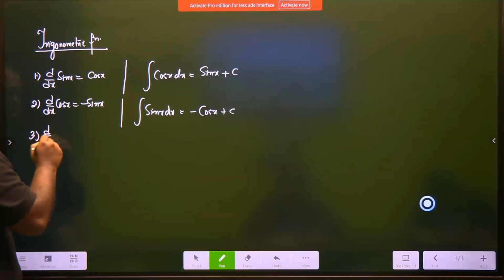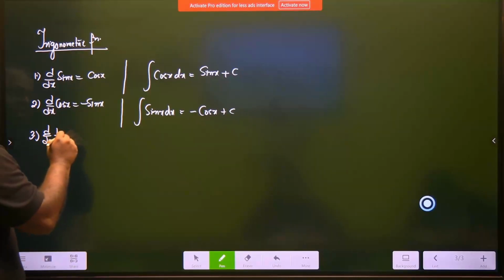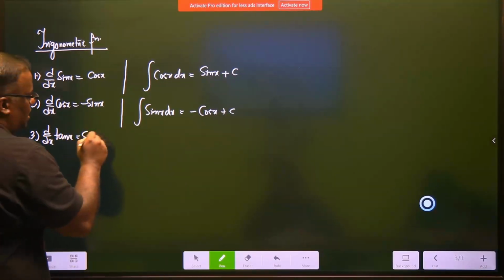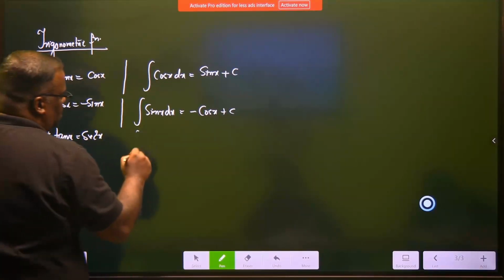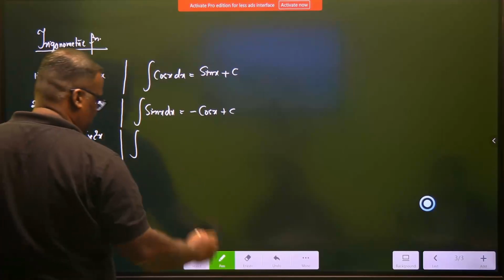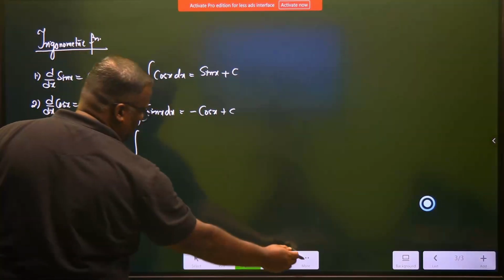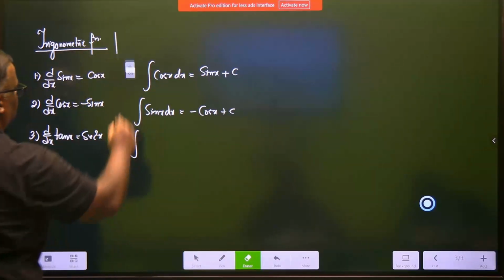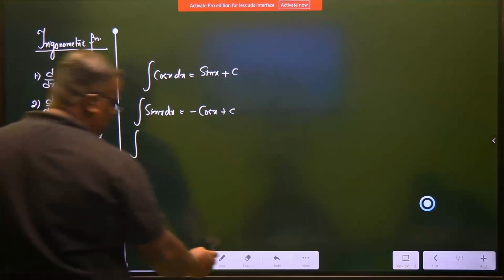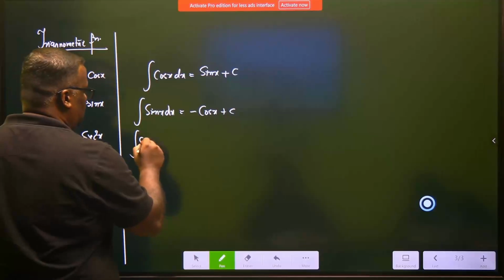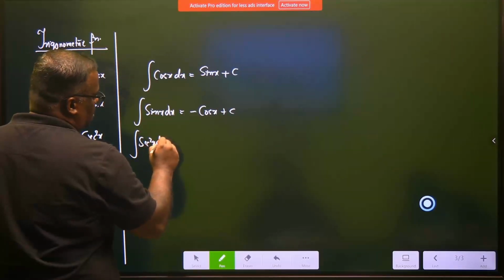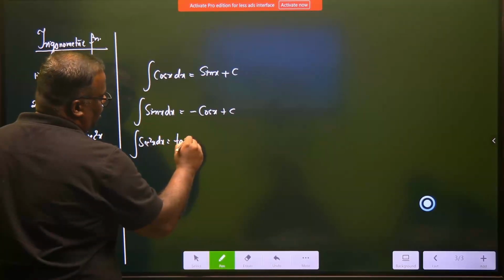d/dx of tan x is sec square x. That means I'll write the integral of sec square x dx is equal to tan x plus c.